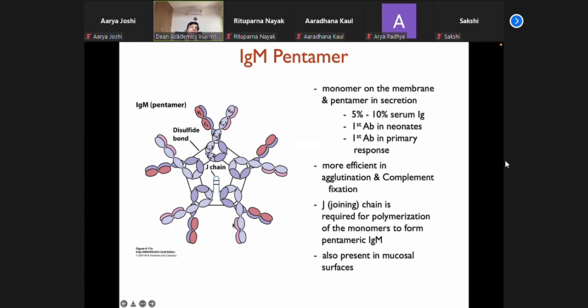You also find IgM antibody at mucosal sites, but the most common antibody you find at mucosal sites is IgA, right? So these are some of the characteristics associated with the IgM type of antibody.